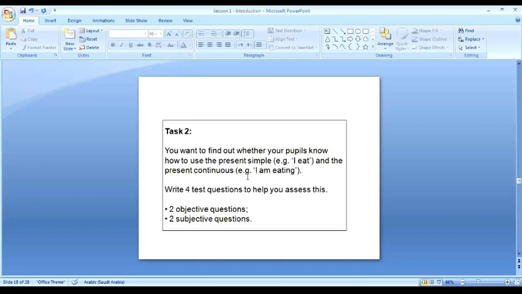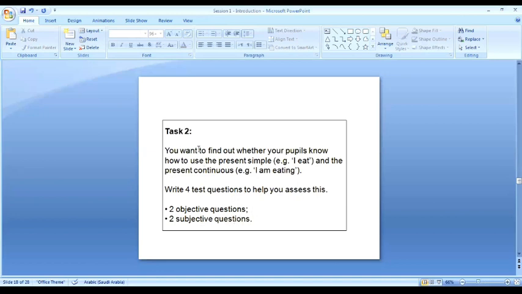Task 2: you want to find out whether your pupils know how to use the present simple, for example, I eat, and the present continuous, I'm eating. Write 4 test questions to help you assess this: 2 objective questions and 2 subjective questions.